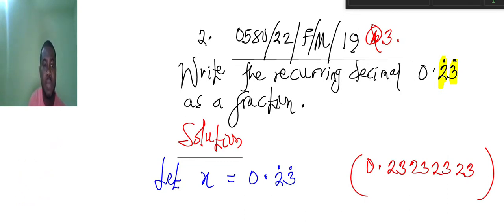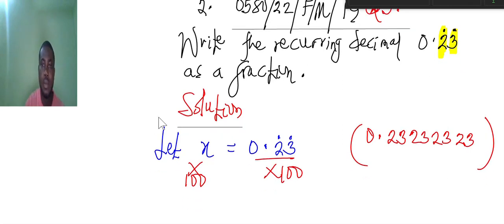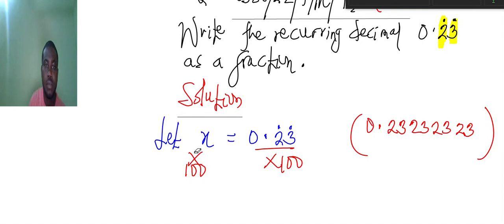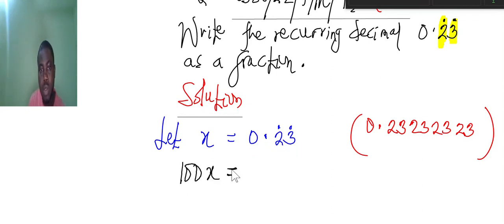So let's multiply both sides by 100. We're going to multiply x by 100, then we'll multiply this side too by 100. So multiplying x by 100, we have 100x equal to this one multiplied by 100. It's advisable we use the full number. If you like, you can use your calculator to check that out. But I can easily figure that out this way.